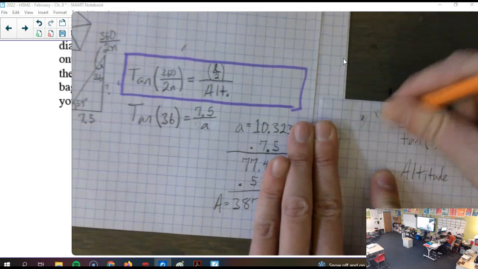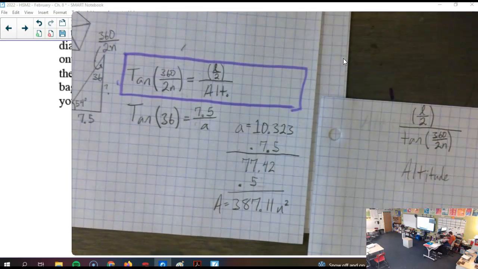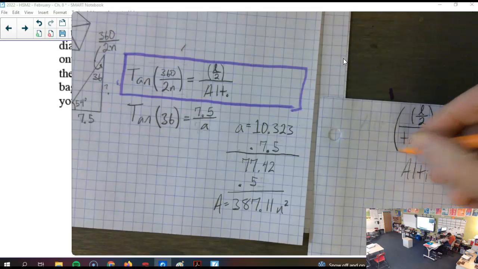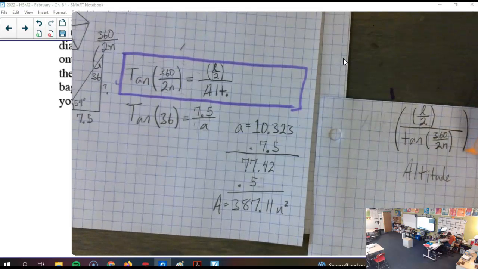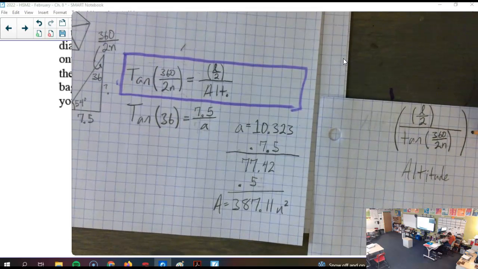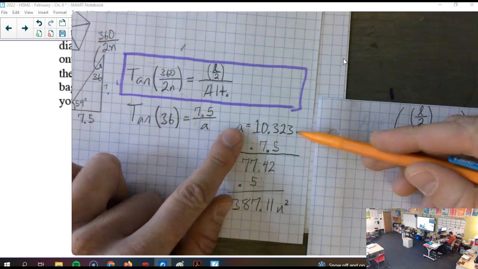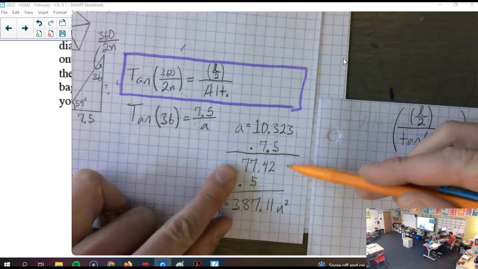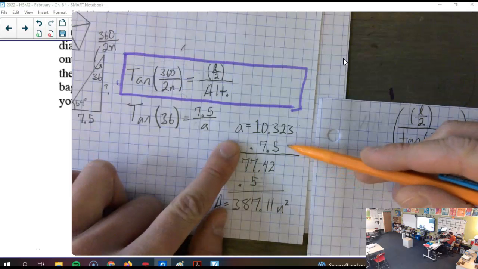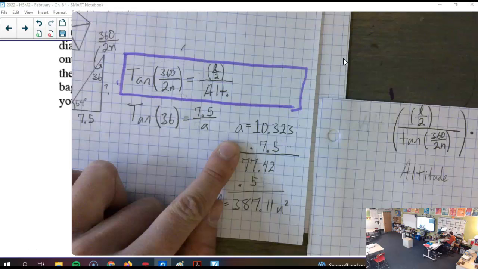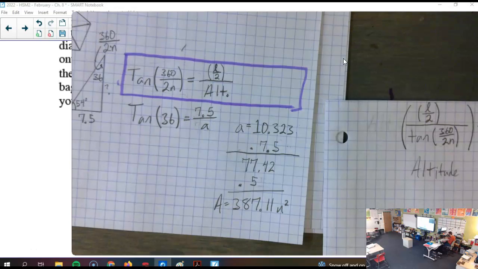What did we then do with the altitude? What did we do with the altitude over here? Multiplied it together. What was this 7.5? It was L divided by 2, right?